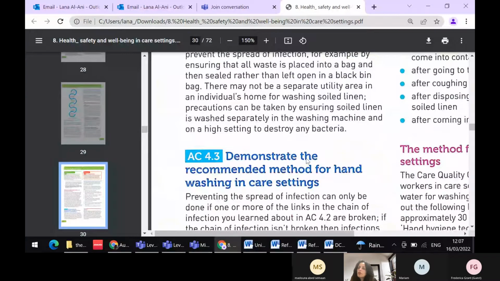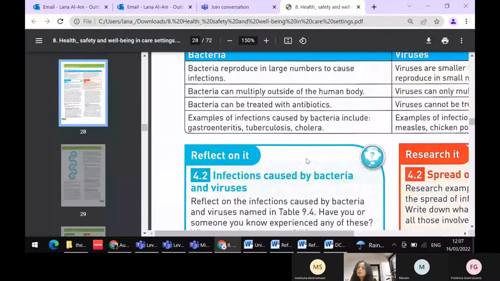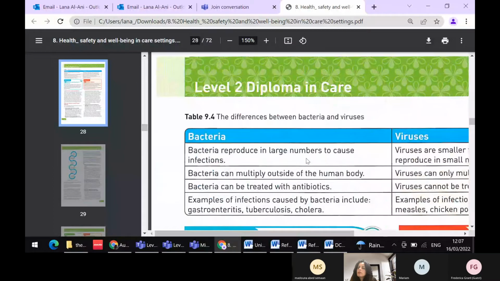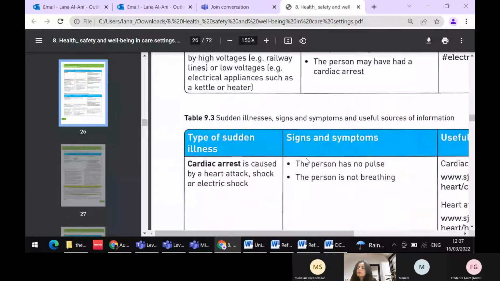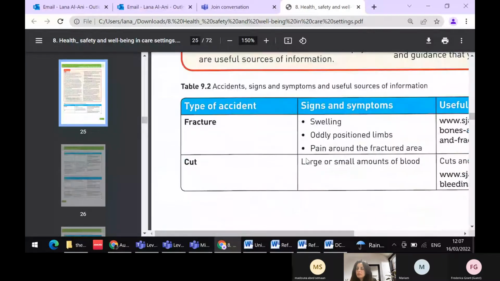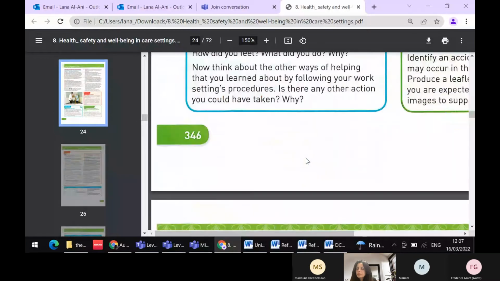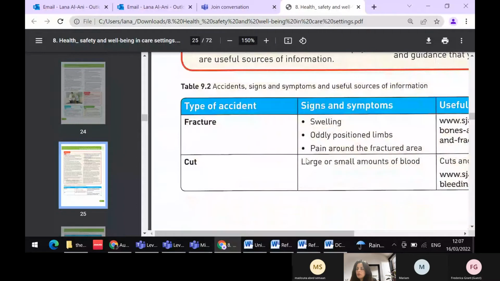Okay, this is 4.3. Where's 4.2? Where's 4.2?